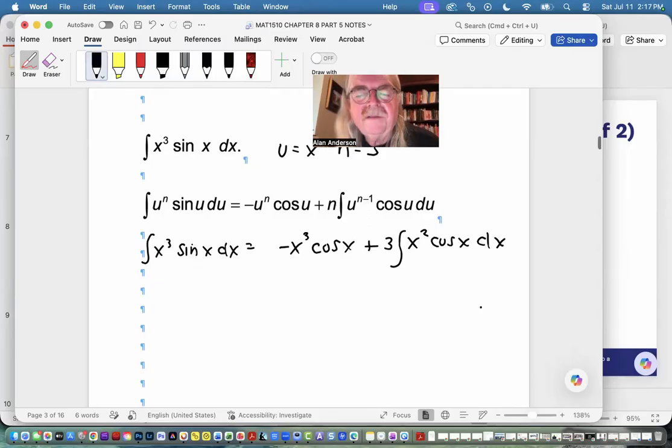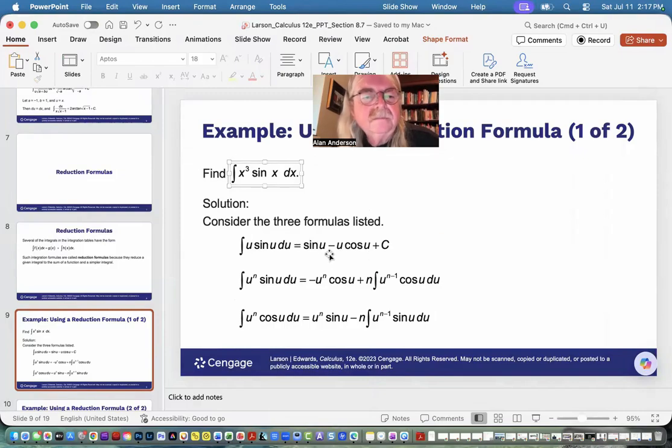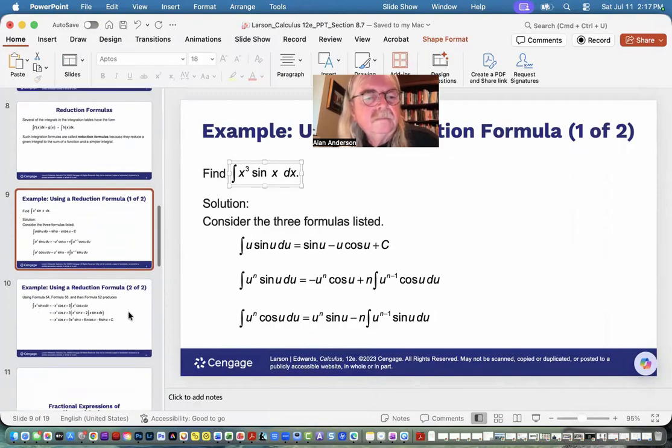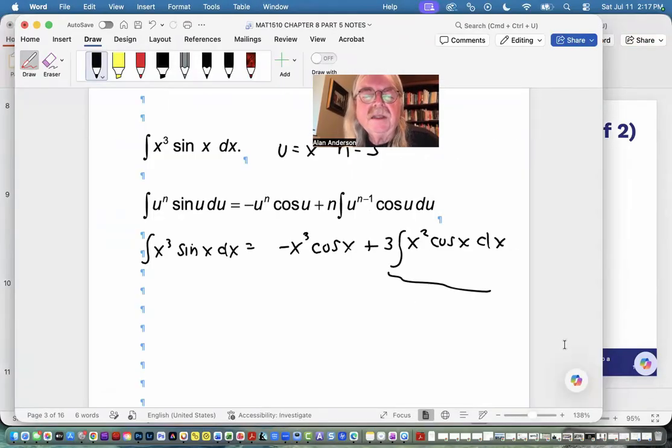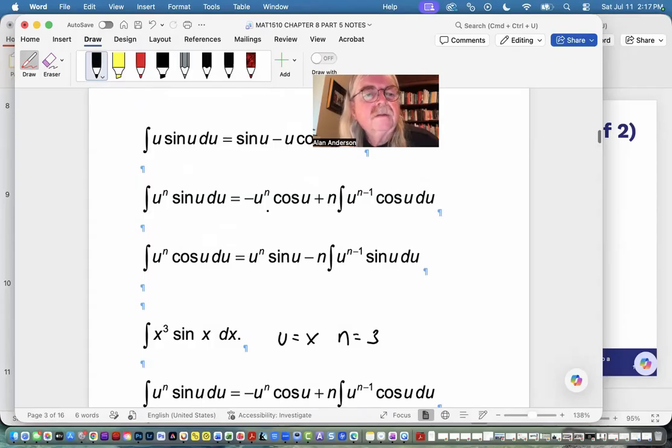All right, so we still have to deal with this one, but we have part of it. And oh, I see. Okay. So then this piece by itself requires another of these reduction formulas. Which one is this? This is u to the n cosine. Yeah, this one.